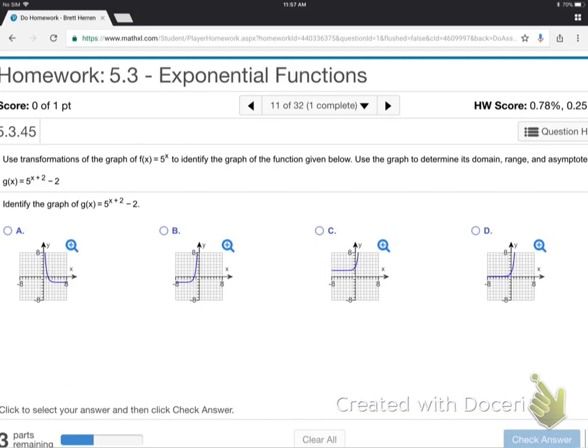Okay. 5 to the x plus 2, minus 2. Let me write a little bigger up here. Yeah, feel free to make a table. That seems to be the most reliable thing, huh? Do a couple points if you want.